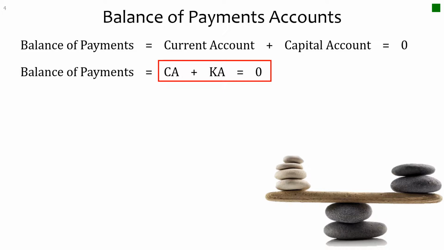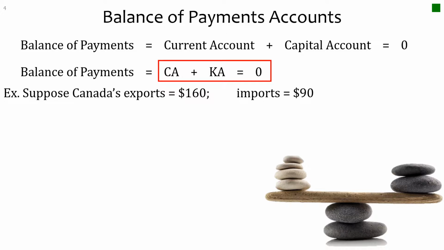So here's an example of why this is true. This is quite an intuitive and logical identity or balance that we have. Let's say Canada exports $160 billion and it imports $90 billion. First of all, what is our trade balance?